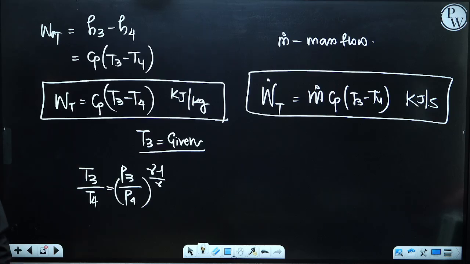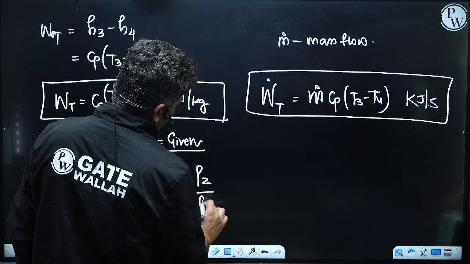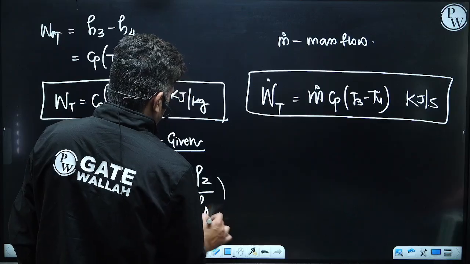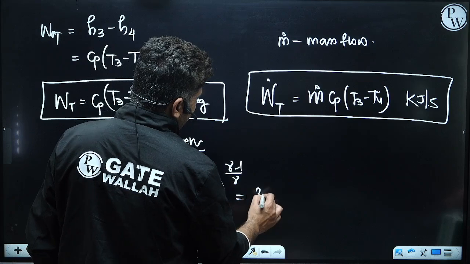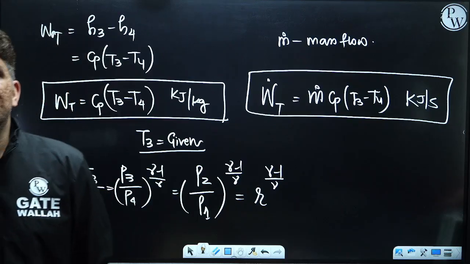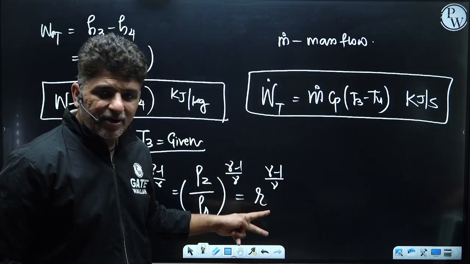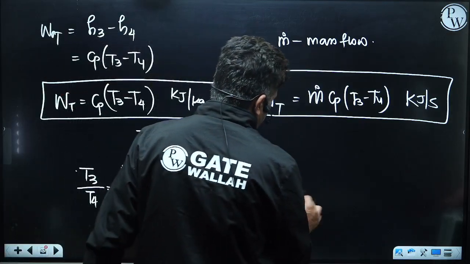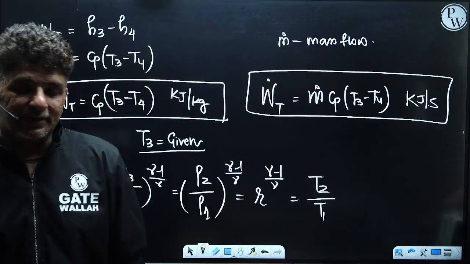You know that P3 is equal to P2 and P4 is equal to P1. So (P2 by P1) to the power (gamma minus 1) over gamma is simply r to the power (gamma minus 1) over gamma. So the temperature ratio across turbine is also r to the power (gamma minus 1) over gamma, and this will also be equal to T2 by T1.